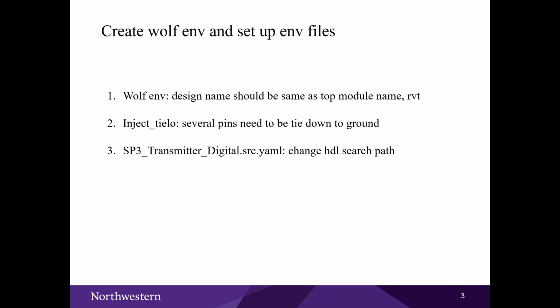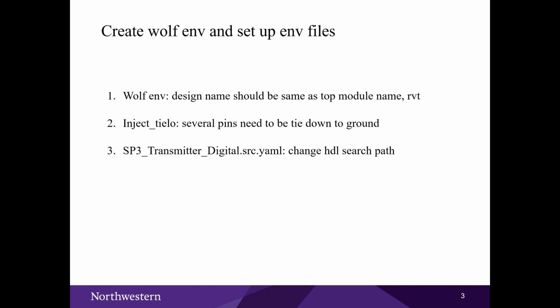In terms of the threshold voltage, I chose the RVT because it's just a regular choice. The second thing I did is to add the inject tie-load file into the inputs, because the file makes several pins tied down to ground.